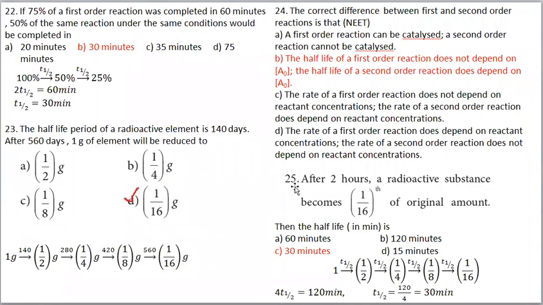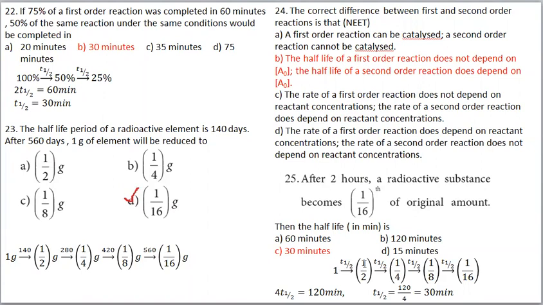Okay. Then question number 25. After 2 hours, a radioactive substance becomes 1/16 of the original amount. Then what is the half-life in minutes? Initial quantity is not given, so we can take initial quantity as 1. If percentage comes, then we have to take initial quantity as 100. But when fractions are asked, we take initial quantity as 1.